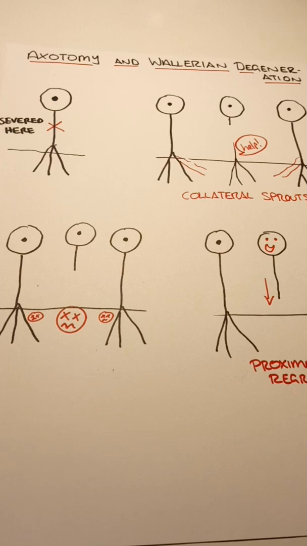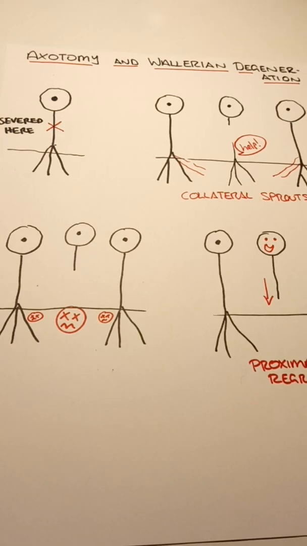Central synapses are lost. Growth protein synthesis occurs in the PNS, and then microglial and astroglial reactions occur, and that will be in the CNS. And we'll write that down a bit afterwards.